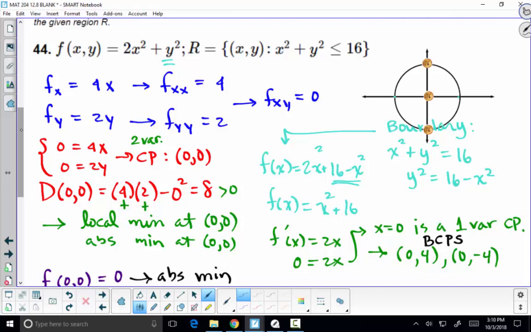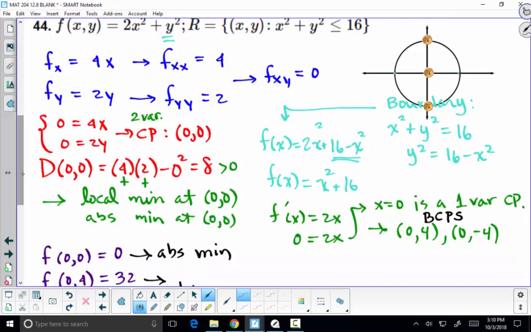So shouldn't those also be critical points? No, it should just have 2.